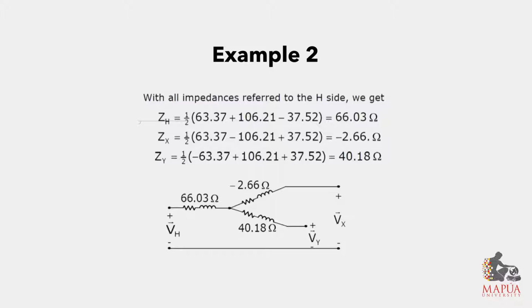ZX is equal to 1/2 times the quantity 63.37 minus 106.21 plus 37.52, and that gives us negative 2.66 ohms. And ZY gives us 1/2 multiplied by negative 63.37 plus 106.21 plus 37.52, and that equals 240.18 ohms. With these values of ZH, ZX, and ZY, we can plot them in the equivalent circuit of the autotransformer.